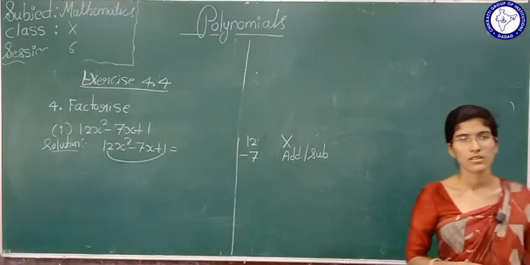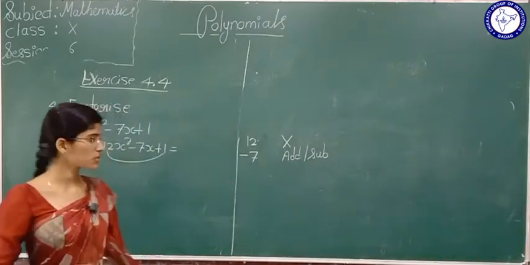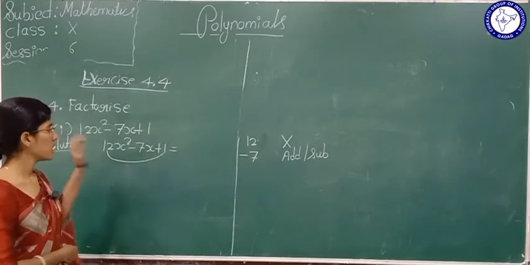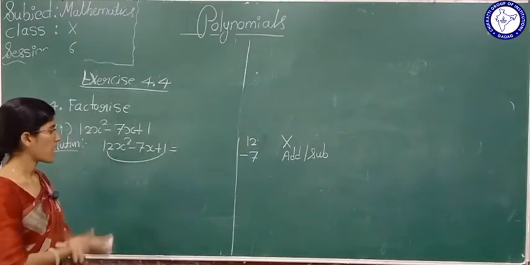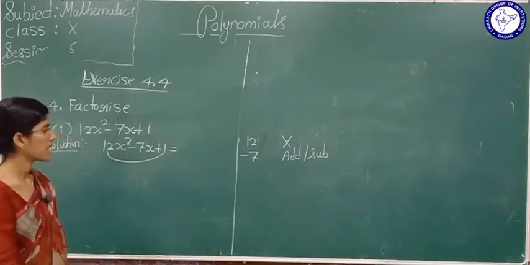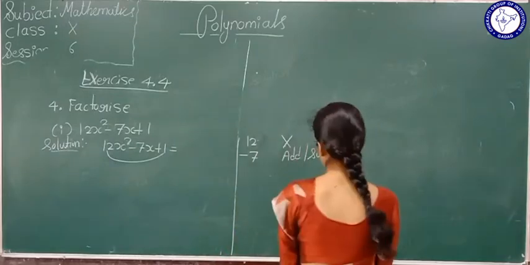If you multiply, 12 should come. If you add or subtract, minus 7 should come. Find such two numbers. So which are those two numbers?